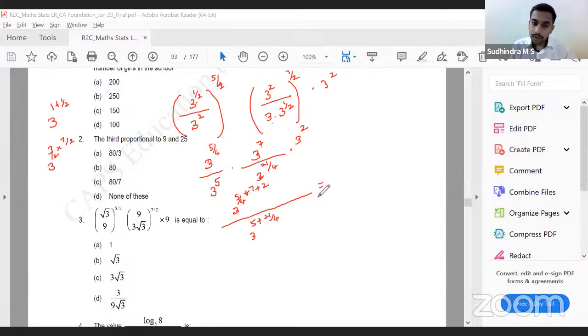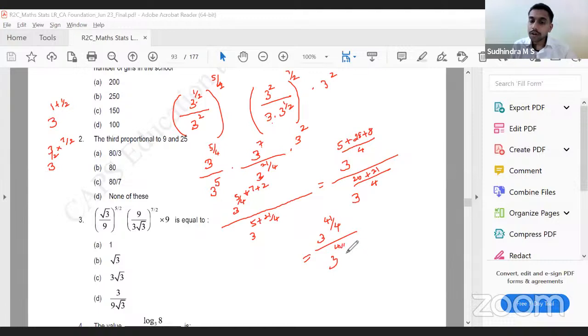Taking 4 as the LCM: 5 plus 7 fours are 28, plus 2 fours are 8, so 28 plus 8 is 36, plus 5 is 41. So 3 to the power of 41 by 4 divided by 3 to the power of 20 plus 21, which is 41 by 4. Both get cancelled. 1 is the answer.